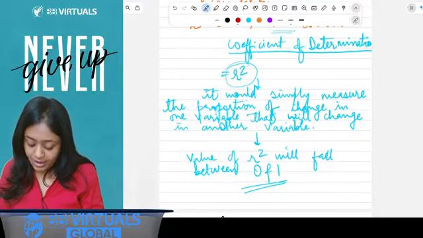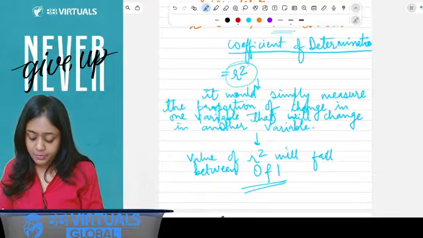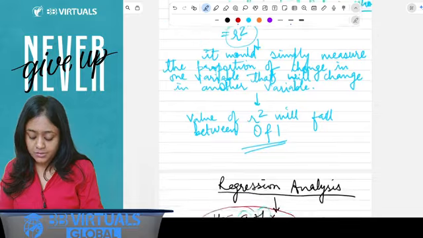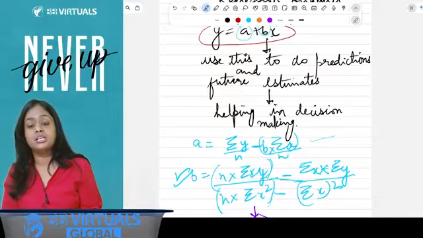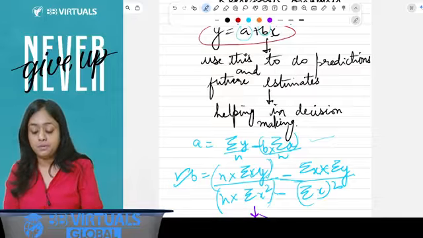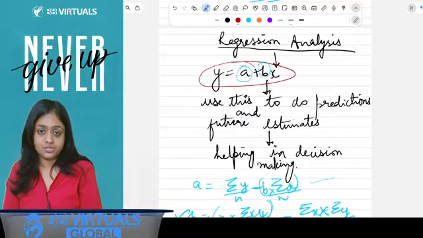It measures the proportion of change in one variable that will change in another variable. And remember, the r square value will always be between 0 and 1. Of course, it's always positive.